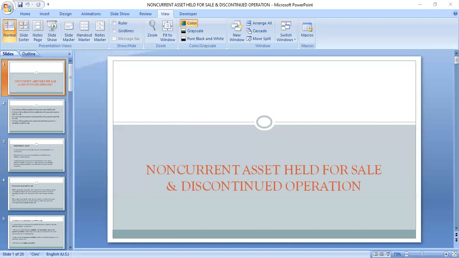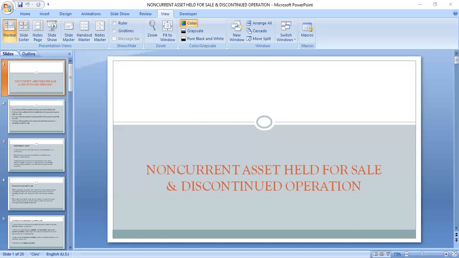In other words, the asset shall be measured at the lower between carrying amount and fair value less cost to distribute. At the time of reclassification, the entity shall recognize any impairment loss or subsequent increase in fair value less cost of disposal. The change in classification does not in itself extend the period in which a sale has to be completed.